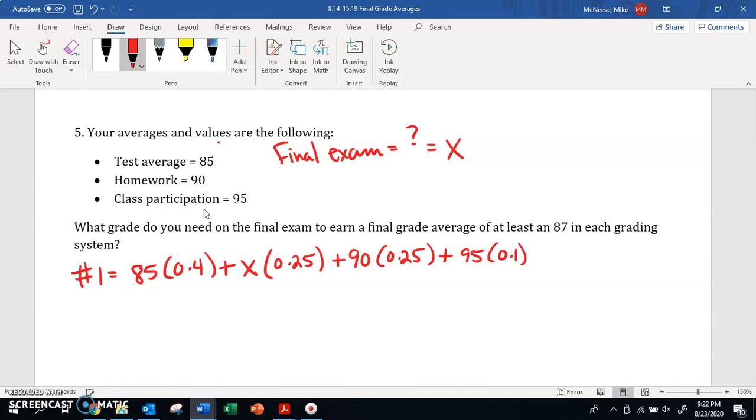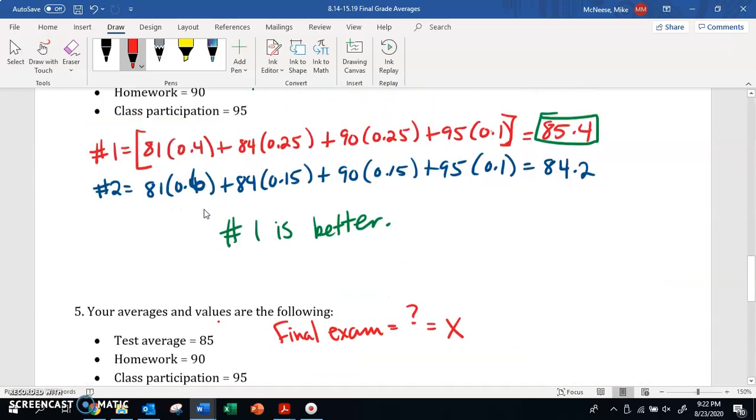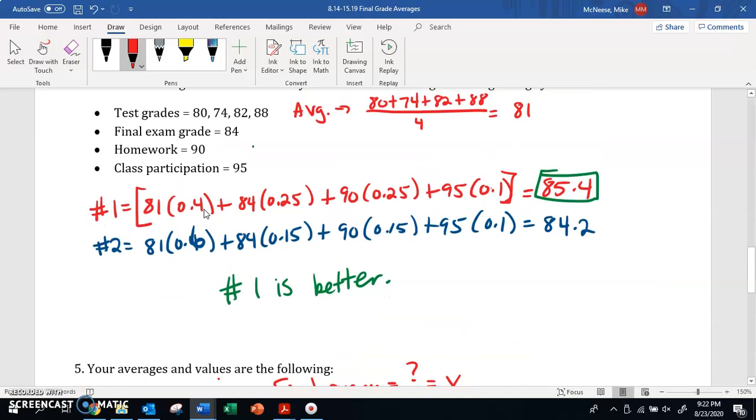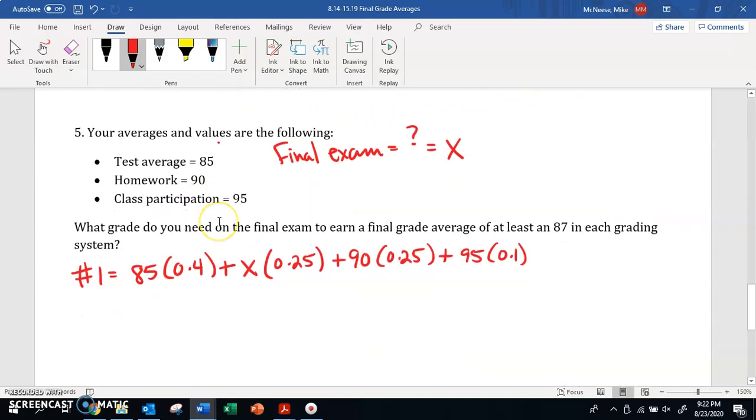0.1. And now this is a little bit different. Instead of saying, it could have said, what do we need to get on the final exam to get a final grade of 87? If that were the case, then we would put an equal sign. But we're not looking at just 87. We're looking at everything that is at least 87.